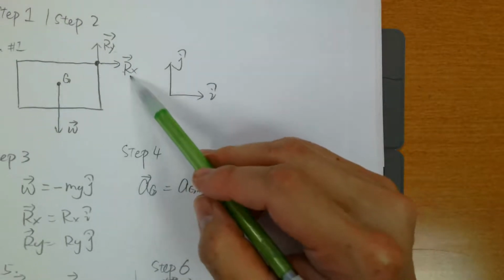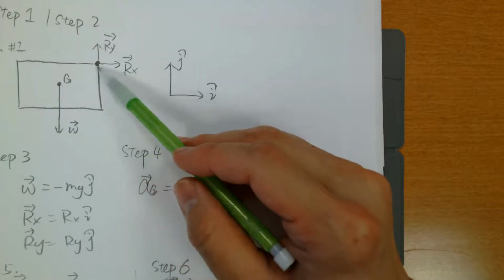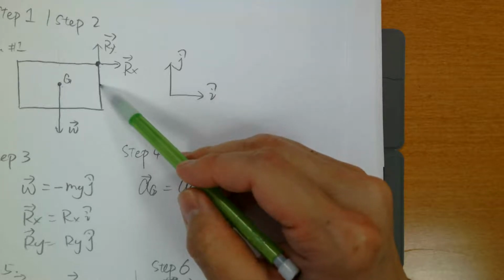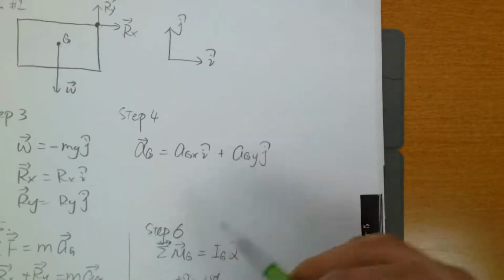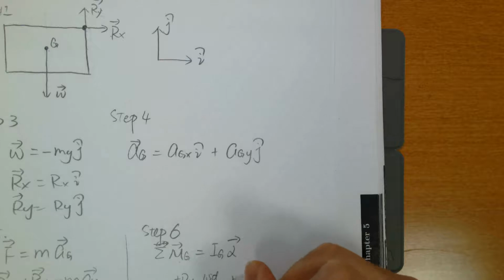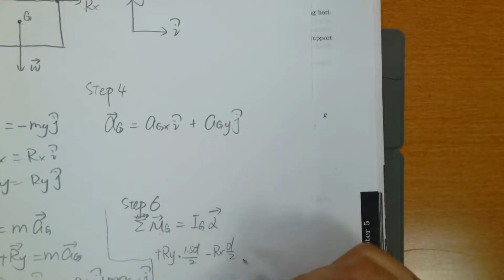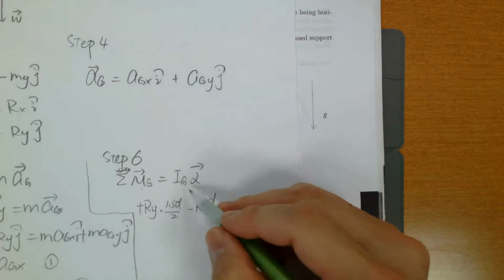The second force, Rx, is going to cause a moment about point G. The perpendicular distance from Rx to G is half the length of this edge, which is half of d. And that moment is negative. So we have negative Rx d over 2. Those are the moments equal to Ig.